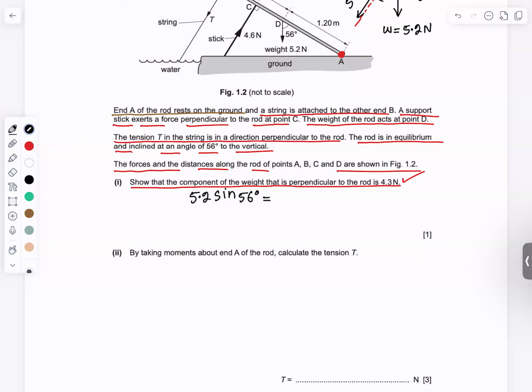My answer is 4.31099, this is the answer given by the calculator. So first you should write the full answer given by the calculator. Then you should round off according to the significant figures of the given data. So 5.2 is given up to two significant figures. And up to two significant figures, this will be 4.3 newtons.